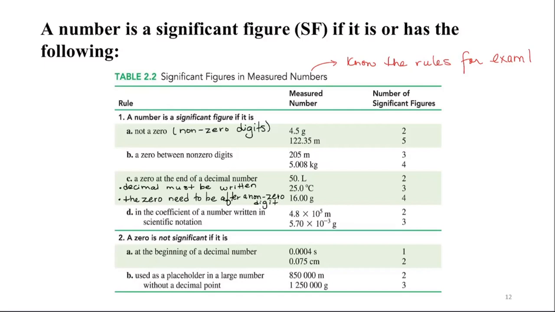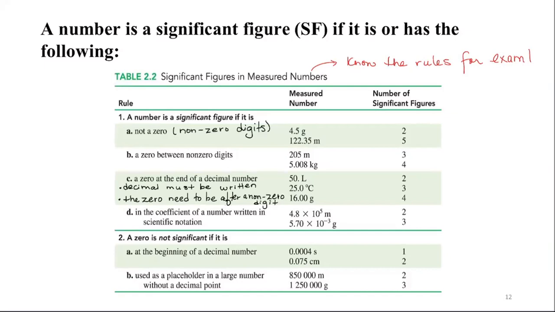Just in case you didn't hear me well, because the internet connection was a little bit unstable, let me restate that. In order for rule 1C to be true, we need to meet those 2 parameters that I wrote in. Your zero must be after a non-zero digit, and you need to have a written decimal place. So if we look at the measurement 50 decimal place liters, that is 2 sig figs.